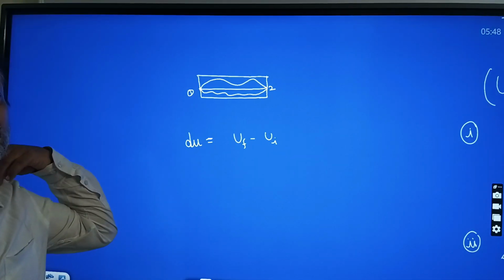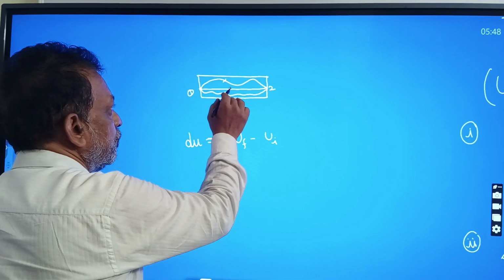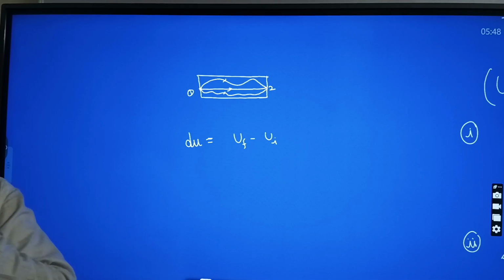So this is called path independent, and also called a point function. Change in energy does not depend on the path of the process, so it is called a point function. Please underline point function.